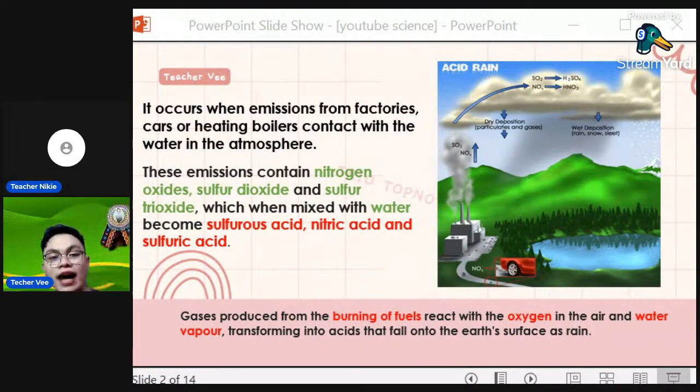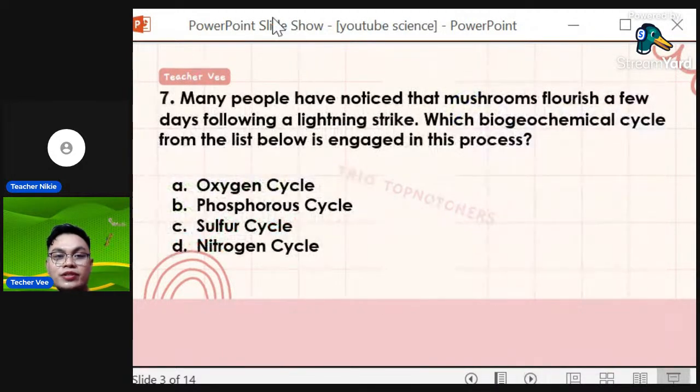Okay, so again, gases produced from burning fossil fuels react with oxygen in the air and water vapor, transforming it into acids that fall onto the Earth's surface as rain, and what we call now as acid rain. Okay? So, kuha naman po. Very good.